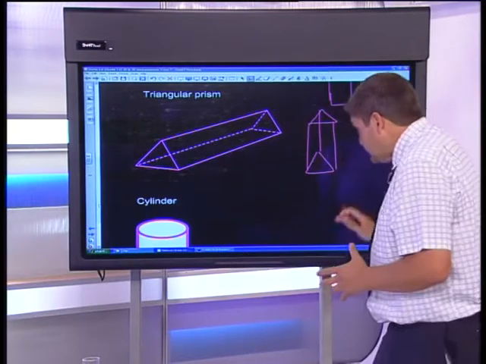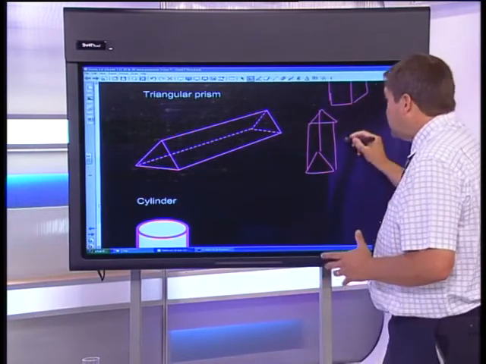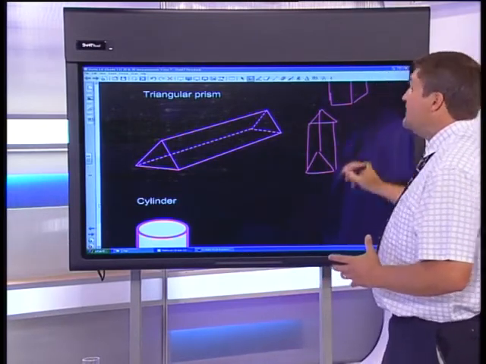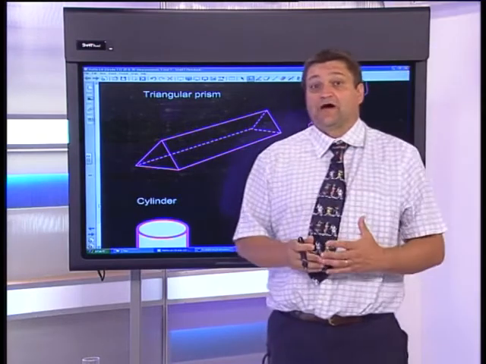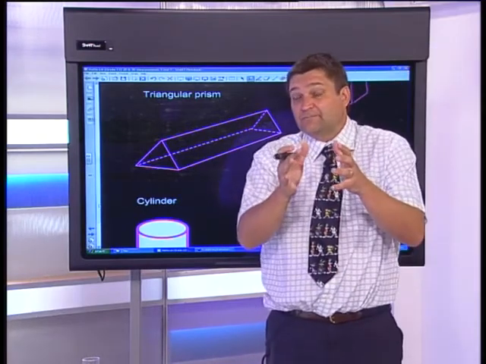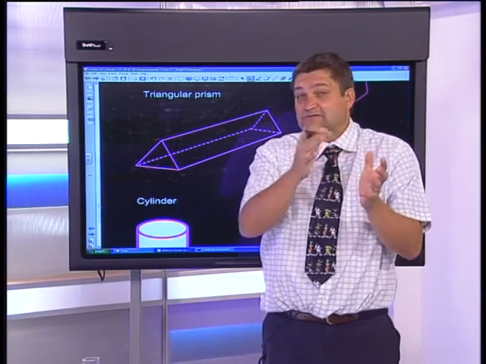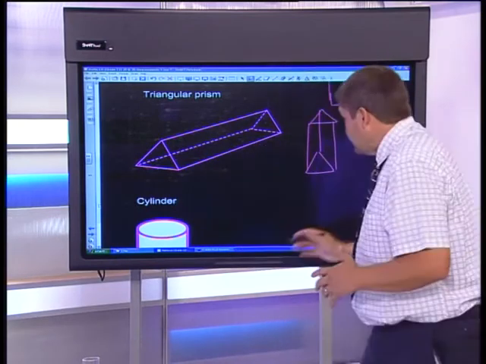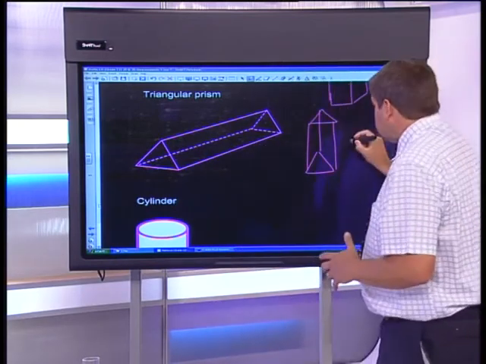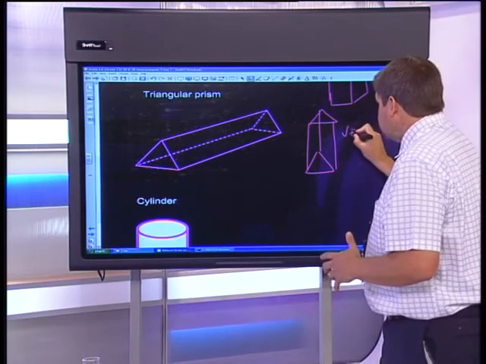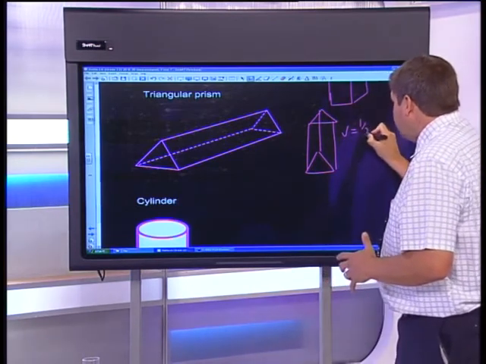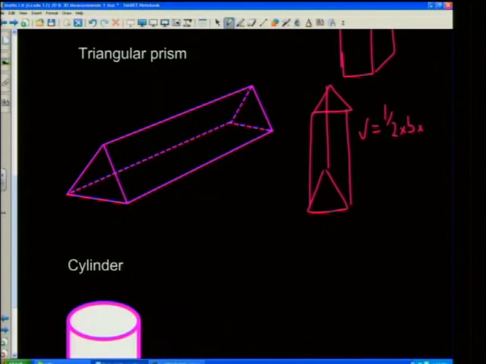Then I multiply it by the height of the prism. That's the volume: height times the area. So volume is the area, which is half times the base times the height, multiplied by the whole height of that prism.